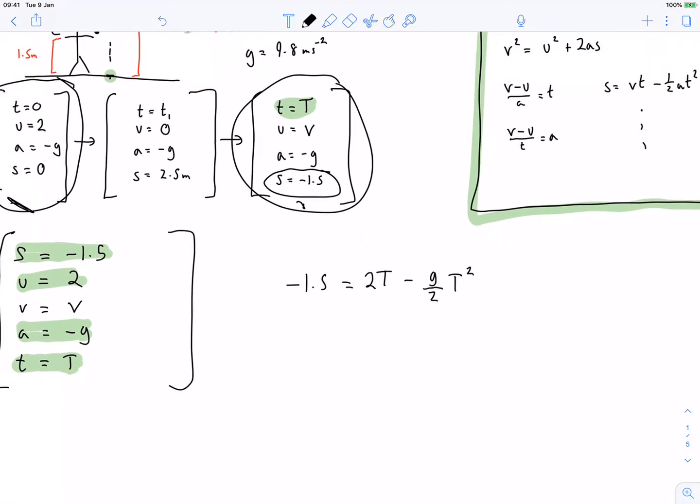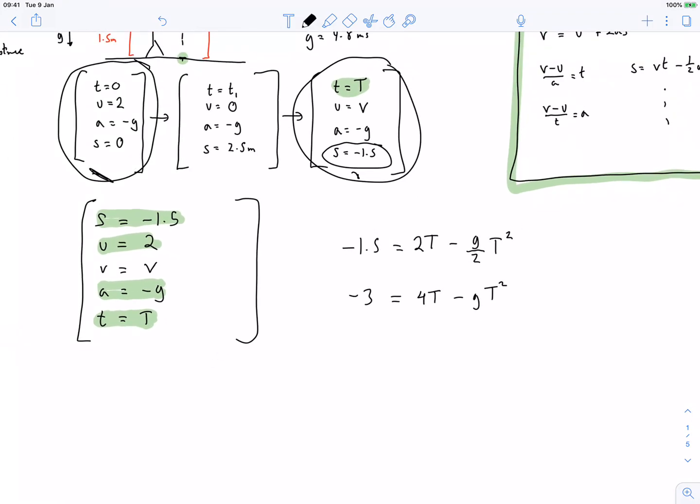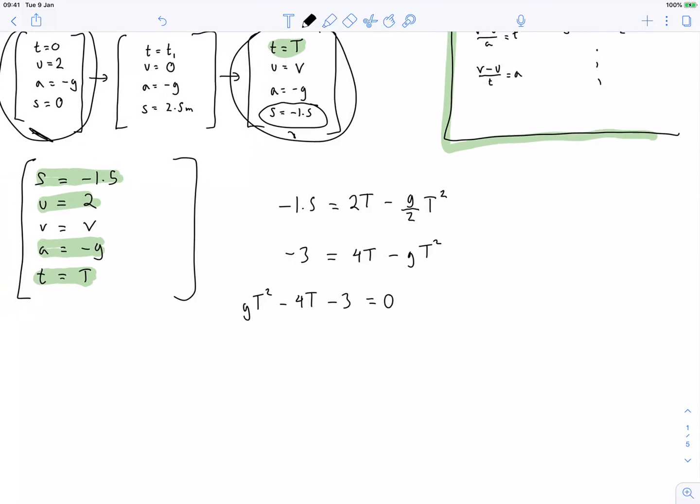And now we're going to try and make t the subject of this. So if we times everything by 2, we're going to get minus 3 equals 4t minus gt squared. If we get everything onto one side, we get gt squared minus 4t minus 3 equals 0. This is just a nice quadratic to solve.